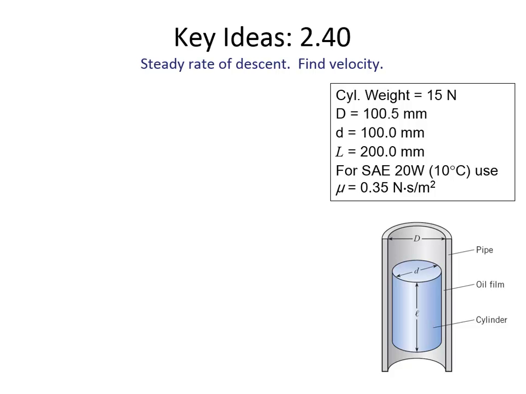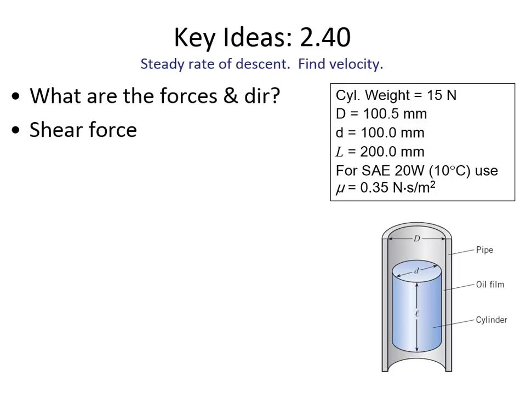It's gravity, yeah. And so its velocity is downward. What are the forces involved? Well, the forces are the gravity, the gravitational forces. The weight of the cylinder is down, and so as it moves downward, shear forces are resisting its downward movement, and so the shear forces are pushing up.